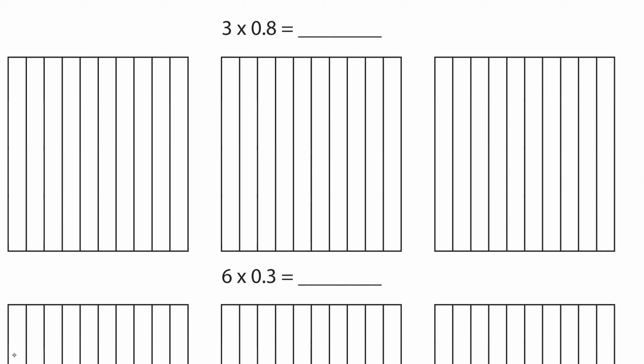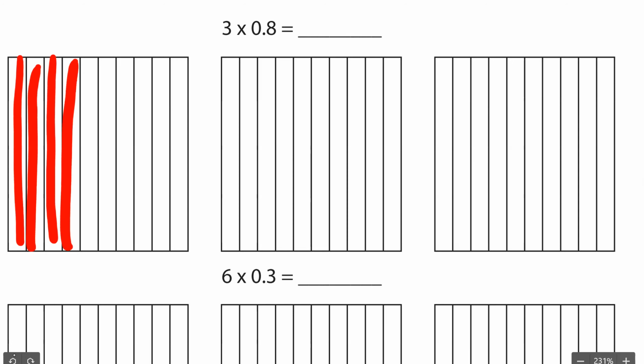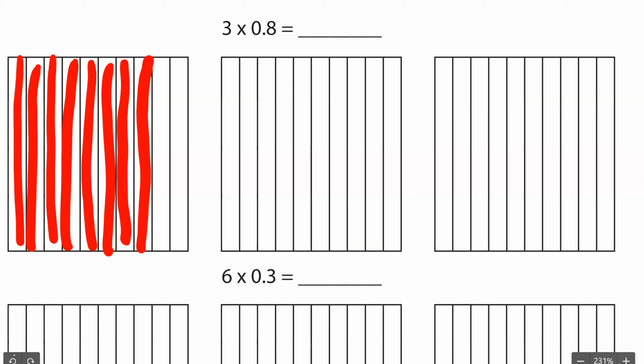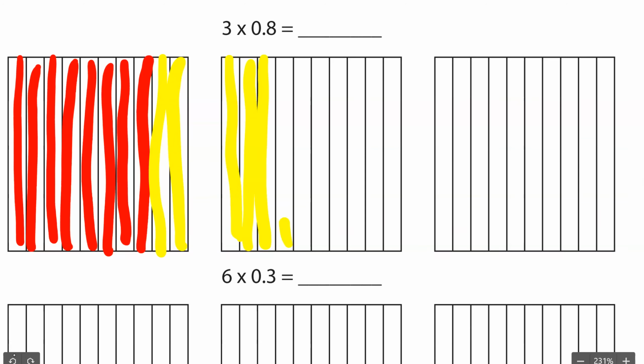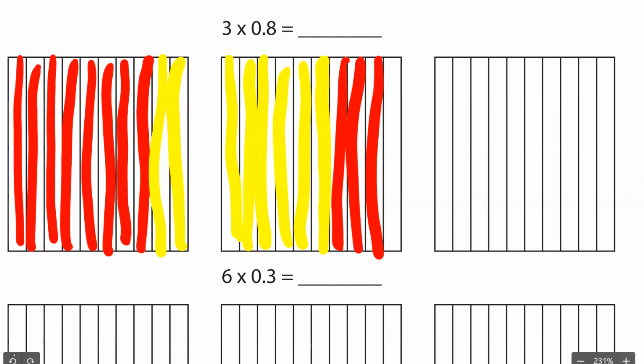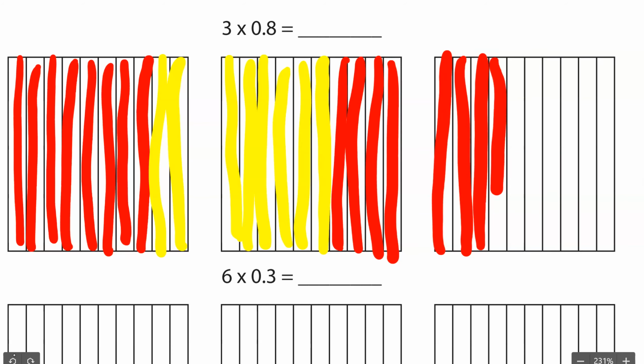3 groups of 8/10. So 3 groups of 8/10. 1, 2, 3, 4, 5, 6, 7, 8.